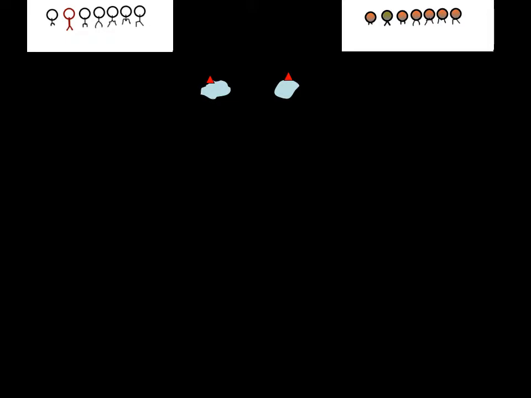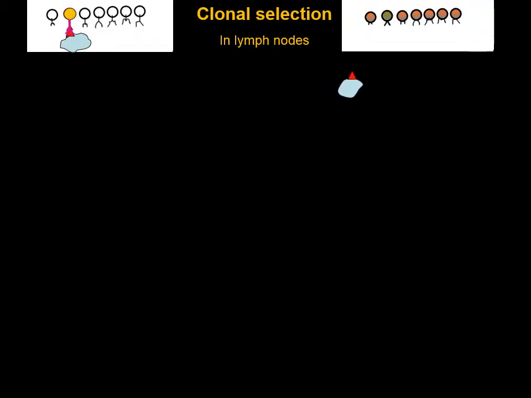The first thing that happens, as if you've watched the other two videos, is clonal selection, where antigen presenting cells in the lymphatic system will find the complementary receptor on the B lymphocyte, which is an antibody, and the complementary receptor on the T lymphocyte, and those particular B lymphocytes and T lymphocytes and no others are now selected.